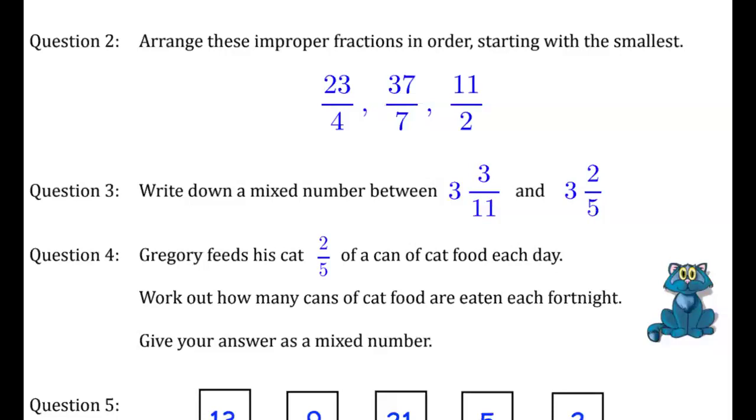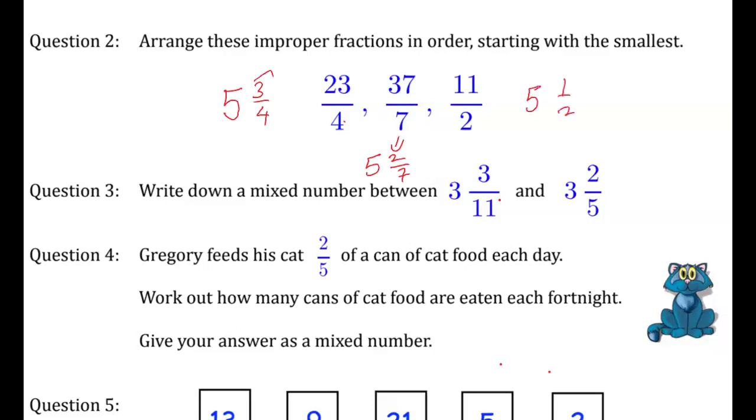So it says you arrange it in order. Let's look at it together. Which one is bigger? I can arrange this like this one is 5 3/4, this one is 5 2/7, and this one is 5 1/2.